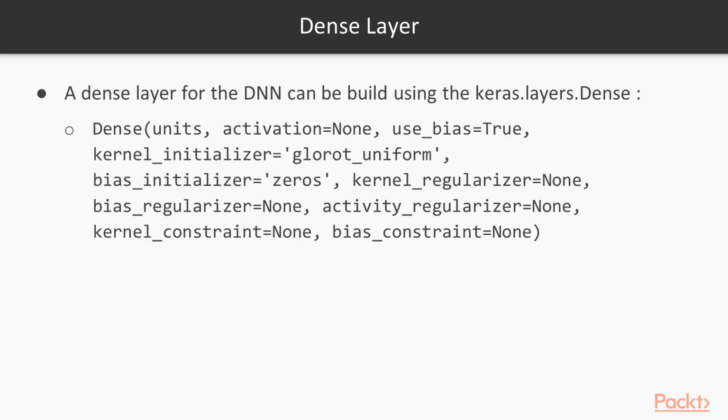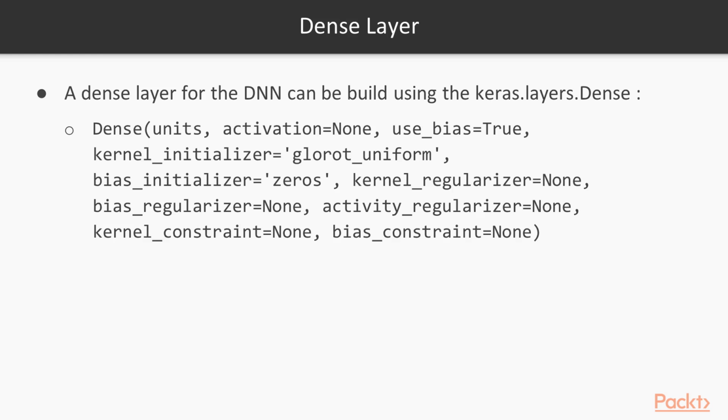One of the objects that you will always use when using a sequential model is this dense layer. This is the most commonly used type of layer. For this layer, you must provide the units, how many units you would like your layer to have. These are the layers that are the building blocks of the neural networks. By default, you don't have any activation function, so you must specify one.